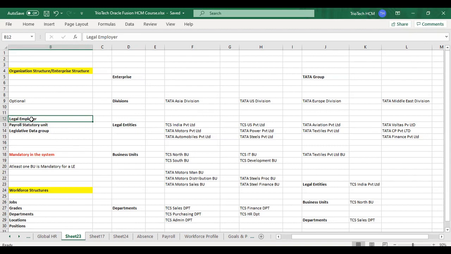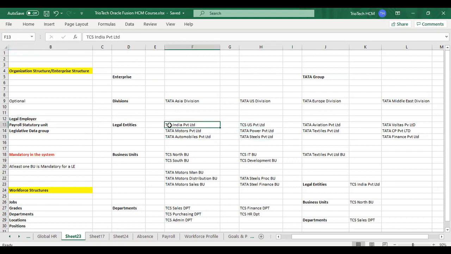Legal employer is nothing but the company which legally hires the employee. The company which legally hires the employee is called a legal employer. By default, every legal entity that we're creating in the system, we will make it a legal employer also.